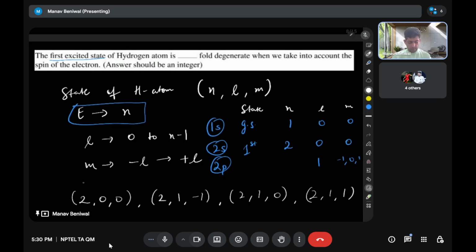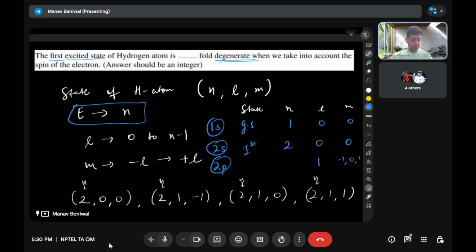Notice that n everywhere is 2, so all 4 of them have the same energy, and that is what is important, because they are asking for the degeneracy. What we have identified is that there are 4 possible states.